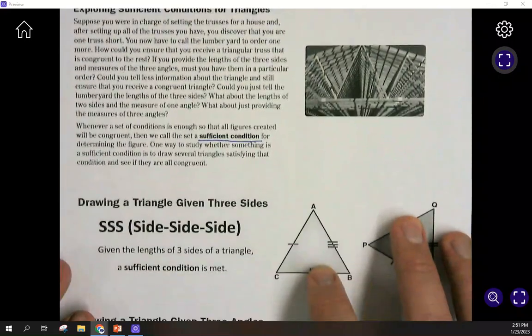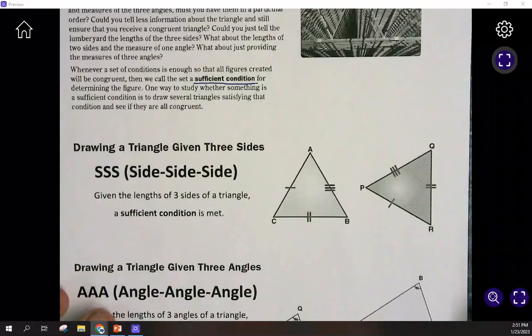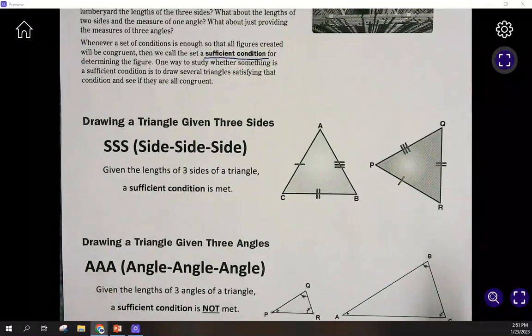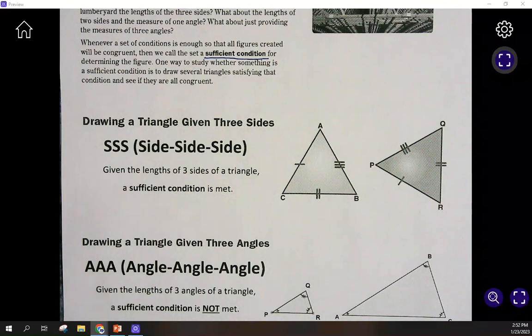All right, so there's a couple different combinations of sides and angles that we're going to study a lot. We're going to talk about proving different things with them, discovering them in pictures, and so forth. But today we're just going to talk about if you're given this information, for instance, three side lengths, is that enough information for you?